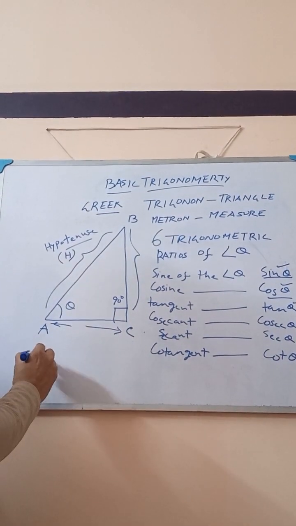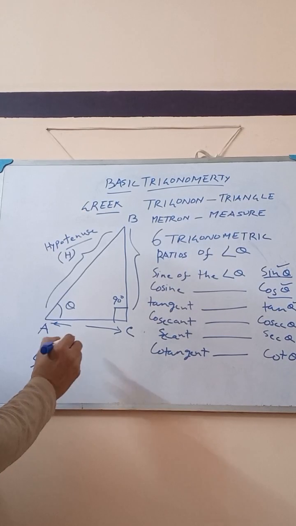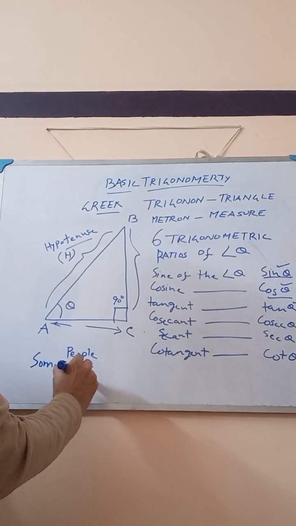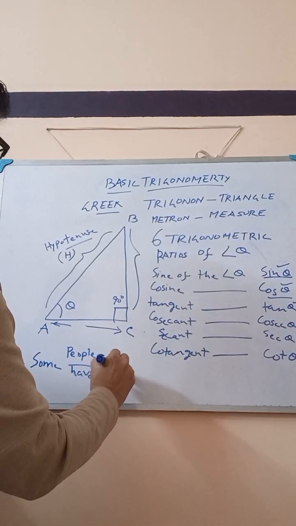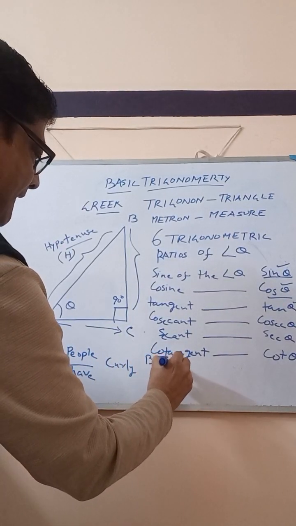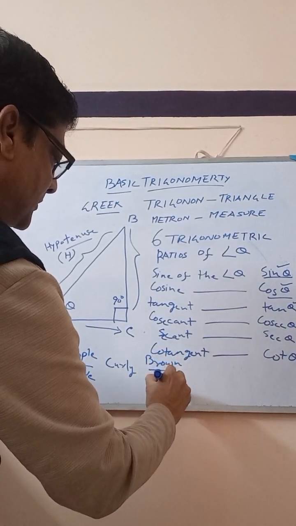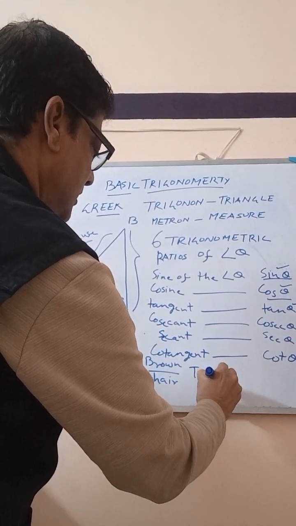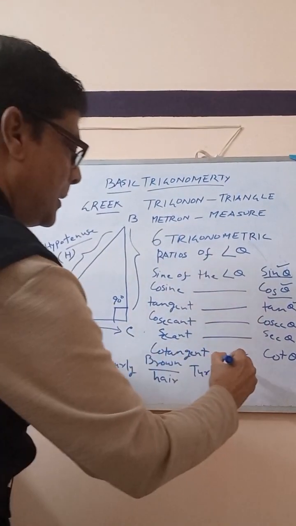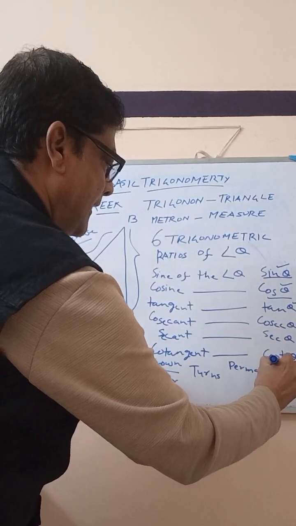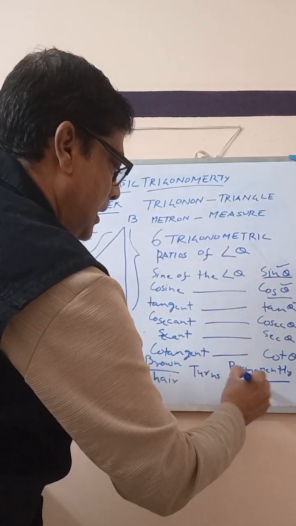Now, I am writing: some people have curly brown hair turns permanently black.